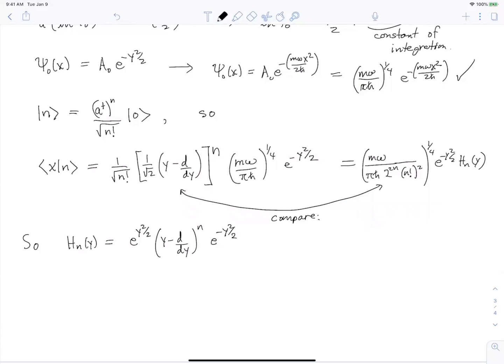All the m's and omegas and pi's and h bars and factors of square root of 2 just work out nicely. And so we've got this formula for the Hermite polynomial.